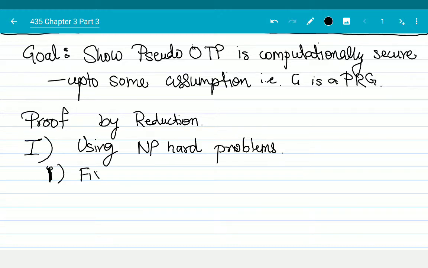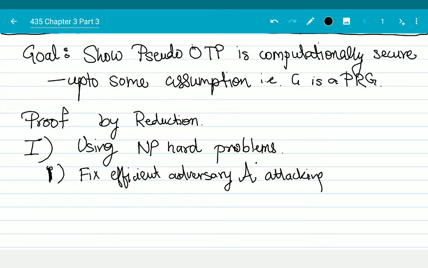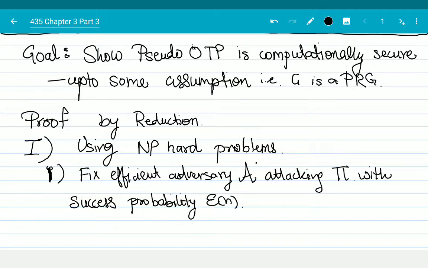So fix an efficient adversary A attacking pi. My encryption system, which is pi, is being attacked by A. Denote its success probability by epsilon of n.